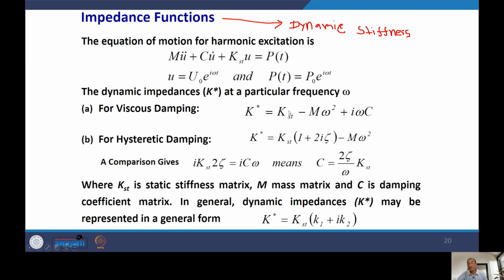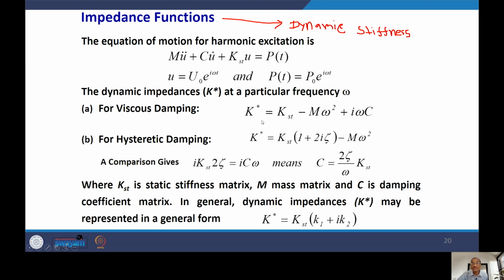So p naught is the amplitude of the applied force. Because we are considering viscous damping, this k, which is nothing but p naught by u naught, can be defined as k_st minus m ω² plus i ω c.